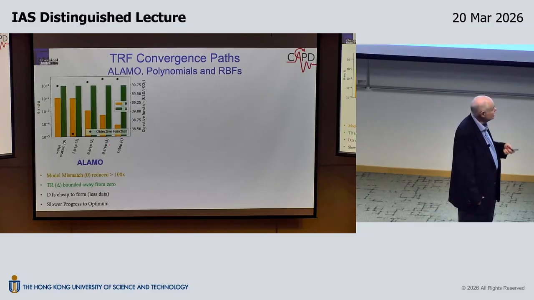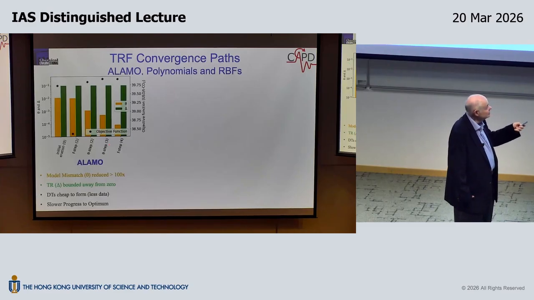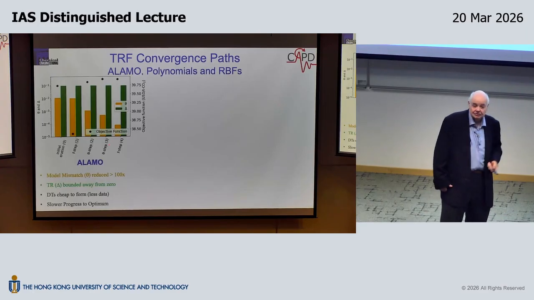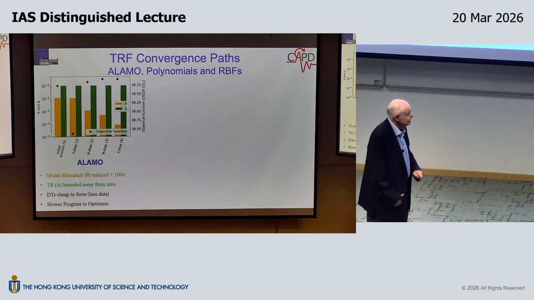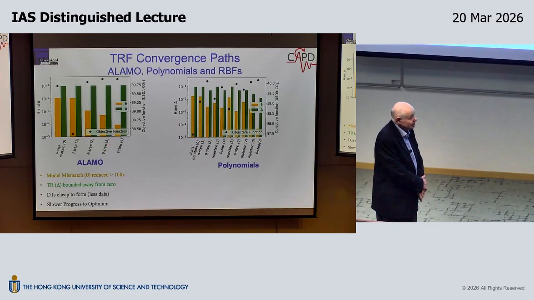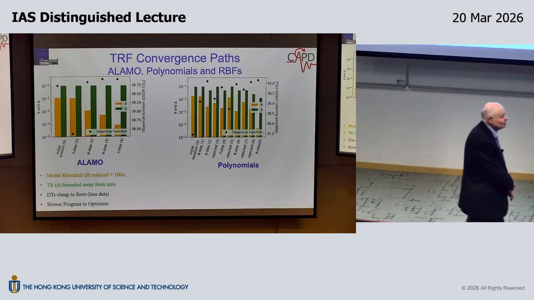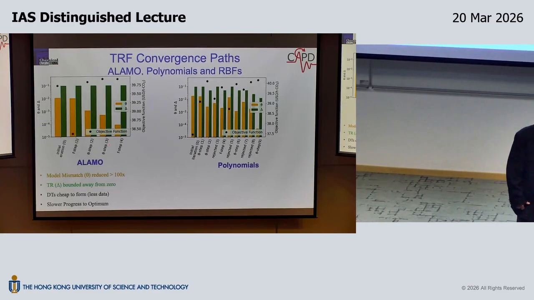After 4 cycles, you basically go from something where you had a high error to something that is 2 orders of magnitude lower over here. That's Alamo, okay, after 5 cycles, okay, of this algorithm that I showed you. All right, run polynomials. It has more trouble, but it converges after 9 cycles.